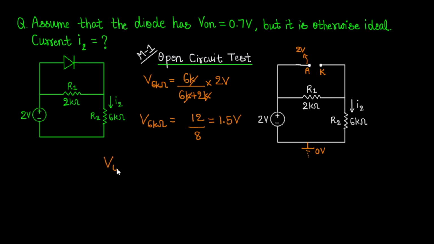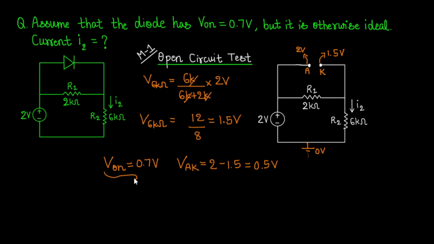And it is given that V on is equal to 0.7 volts. Since the cathode voltage is 1.5 volts, the potential difference between the anode and the cathode is VA, which is 2, minus VK, which is 1.5 from the figure, which is 0.5 volts.